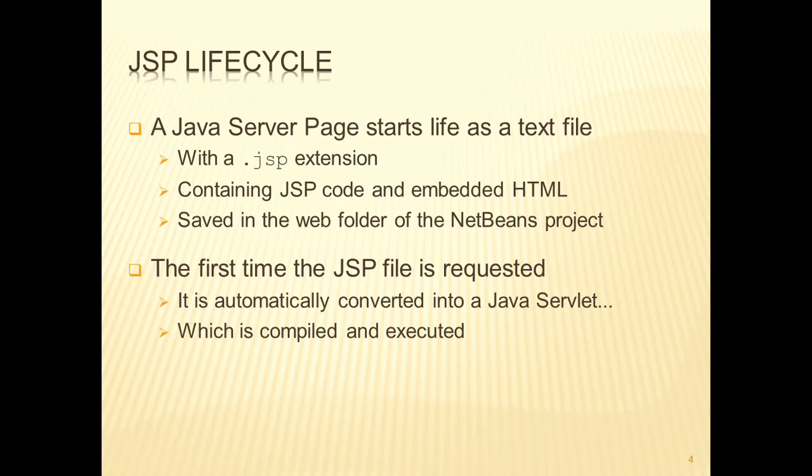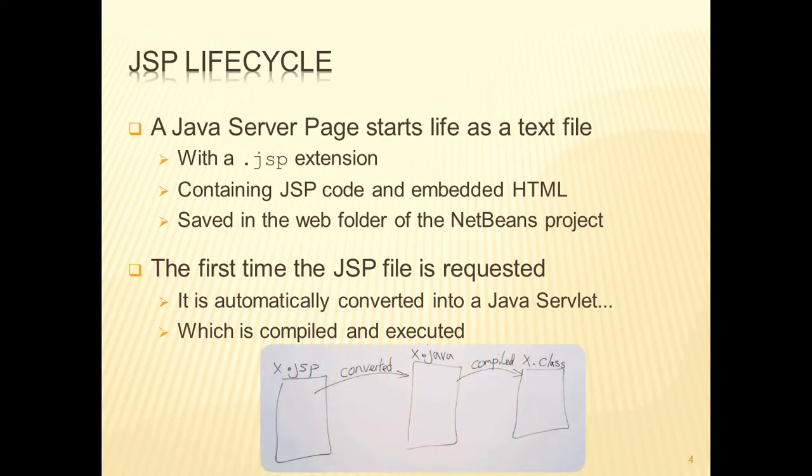When that file is first requested by a client, a few things happen. The first thing is that the JSP will be converted automatically into a Java servlet. So our file that we might call x.jsp now becomes x.java. It is then converted as a servlet.